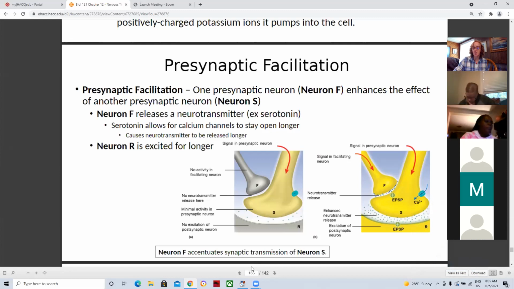Remember, where is calcium necessary in the release of neurotransmitter? Do you remember? Is it vital for nerve conduction? It is, but where is it vital for nerve conduction? Where do we need it most?